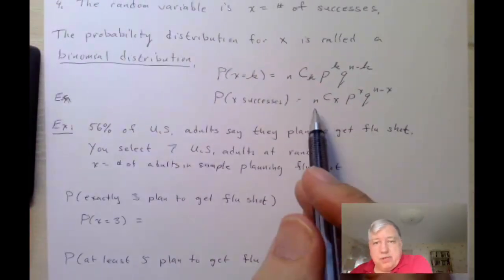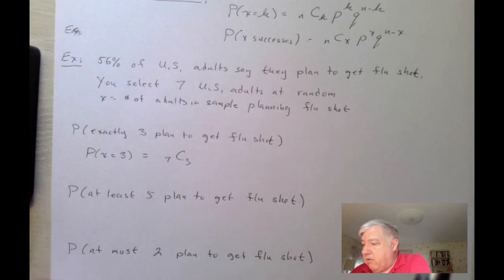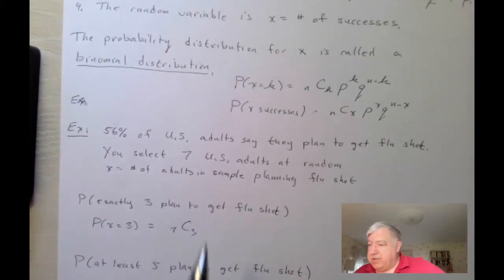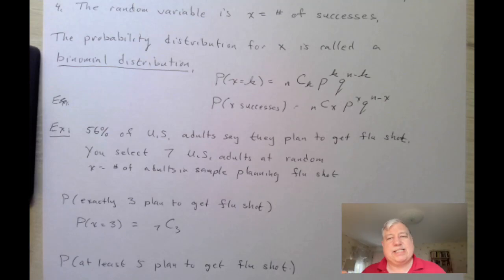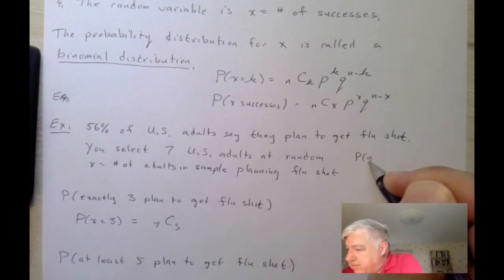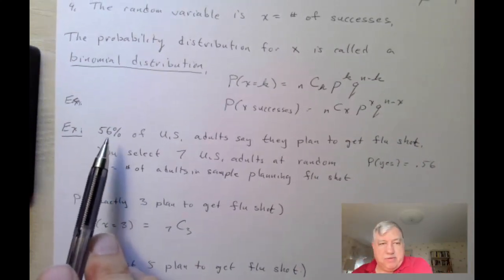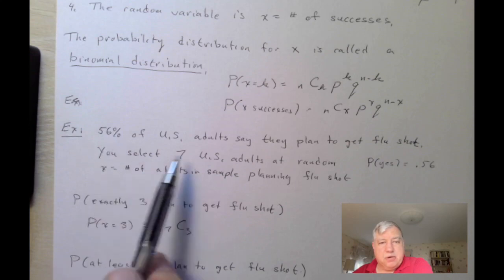According to our formula, that would be 7 choose 3 times... Now, if we define a success as that person saying yes, they're going to get a flu shot, and a failure as them saying no, then the probability of yes would be 0.56, because we're given that 56% of the population are planning to.